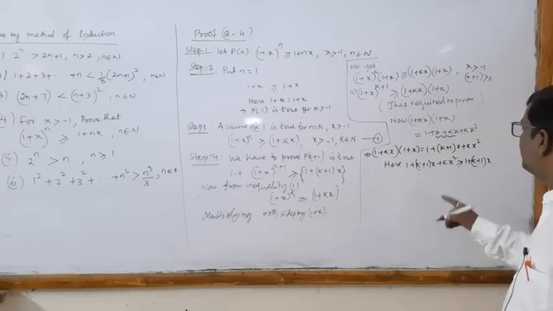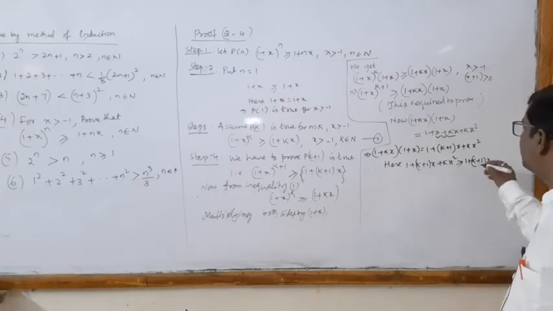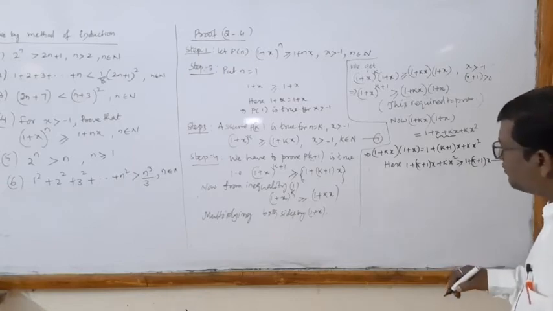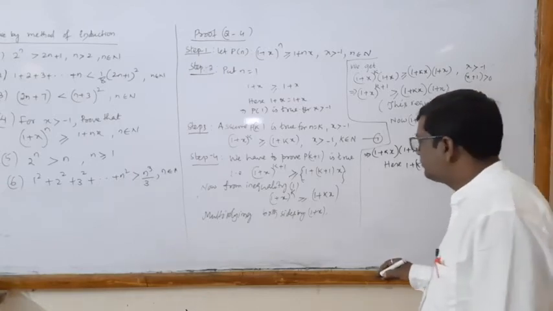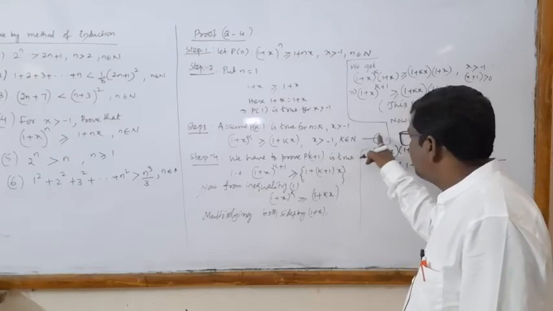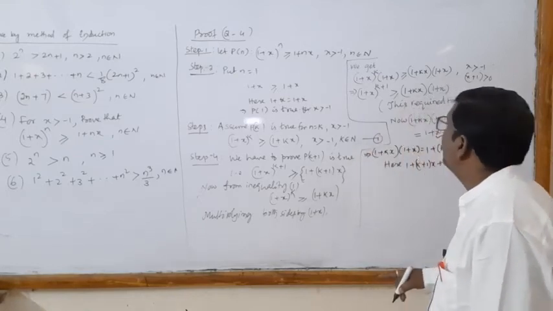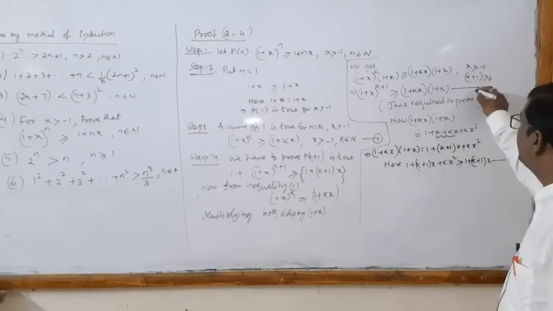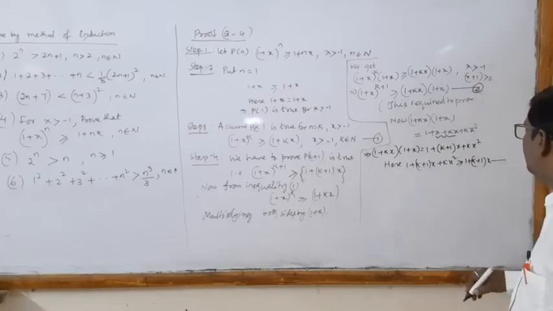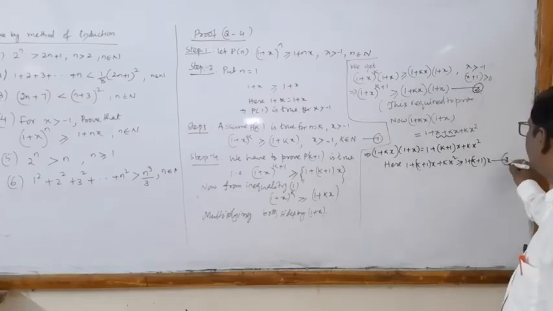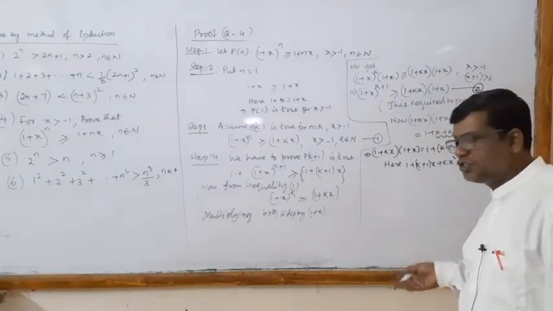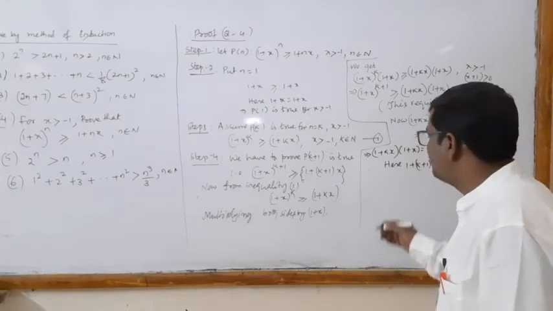This is inequality 1, this is inequality 2, and this is inequality 3. A greater than b, b greater than c, we can write a greater than c.